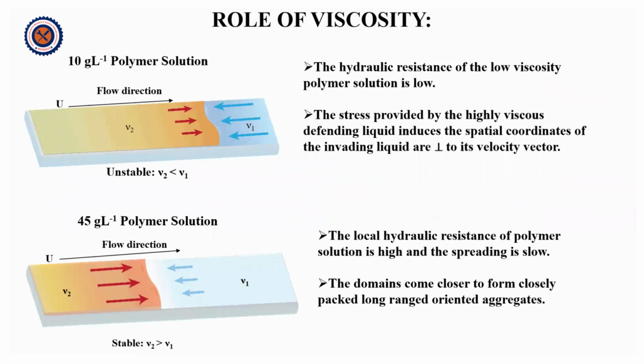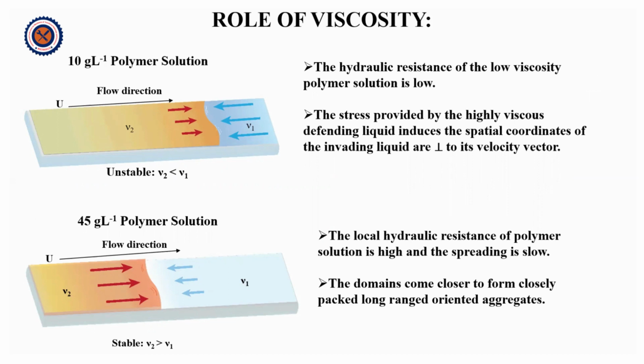Now, let's discuss the role of viscosity. What is the role of viscosity? For example, if we take a low viscosity upper liquid, that is the polymer solution, and a highly viscous lower liquid, which in this case is ethylene glycol.